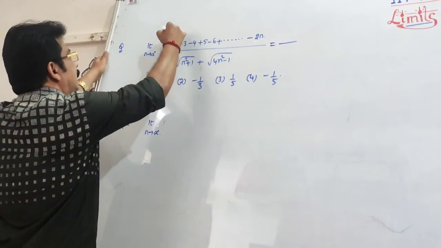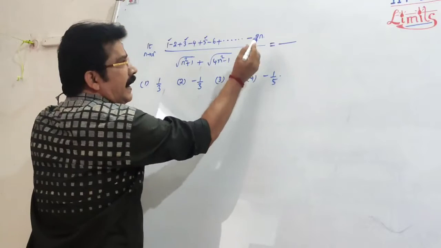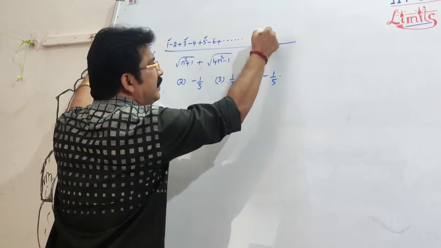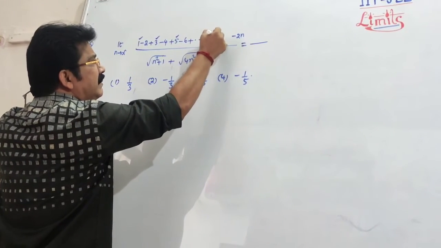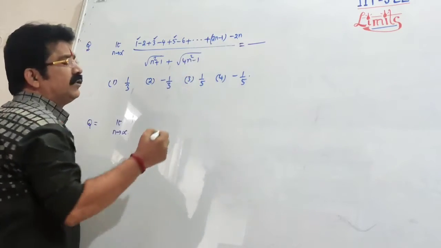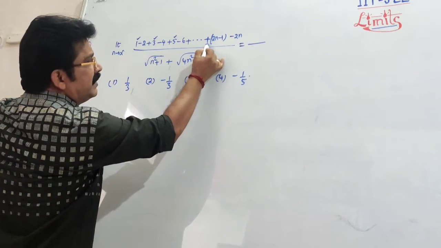Clearly we see that for odd numbers 1, 3, 5 and so on, since the last term is minus 2n, the preceding term is 2n minus 1. Alternate signs are there. Minus is given here, therefore definitely plus will be here.